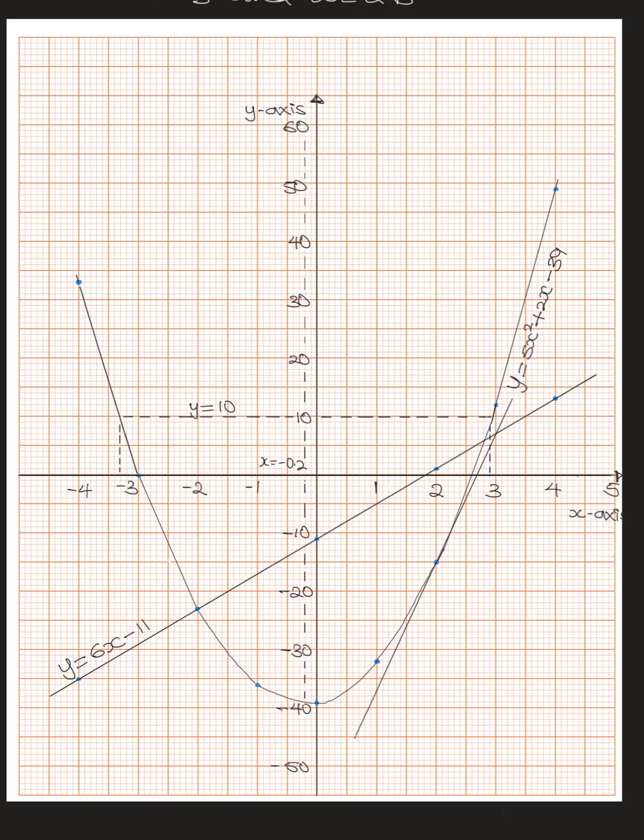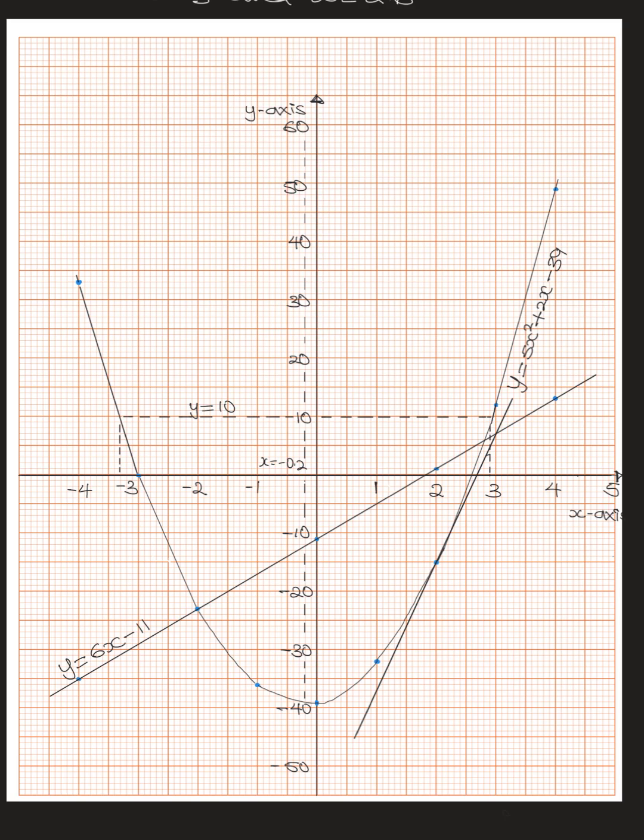So this is the tangent, and you can see it has touched the graph or the curve at x is equal to 2. Now what we're going to do is select 2 points on this tangent.